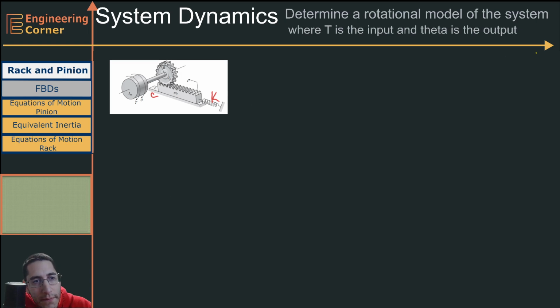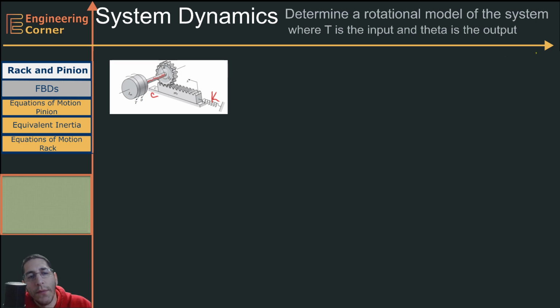Now on the pinion's over here, and this pinion has an inertia of IP. It has a radius of r, and it's connected through this shaft right here to some input shaft or a motor. And that motor is going to produce some torque and it's going to rotate, and it's going to have an inertia of Im.